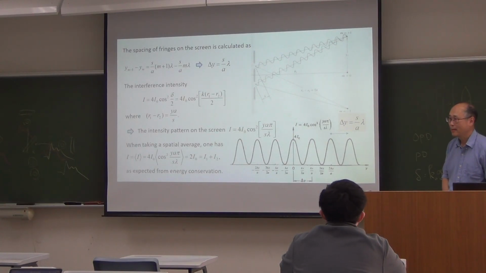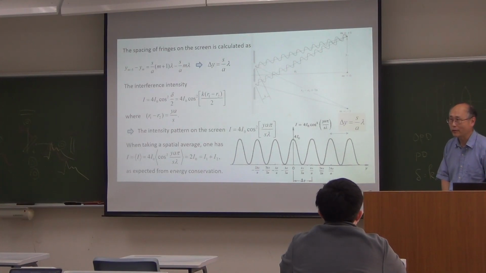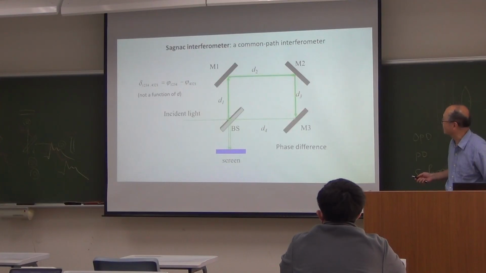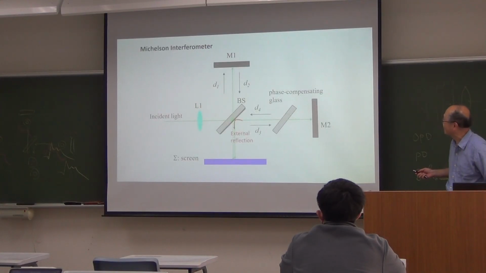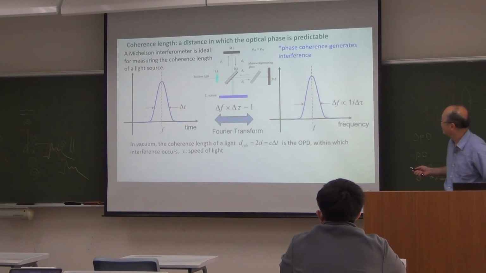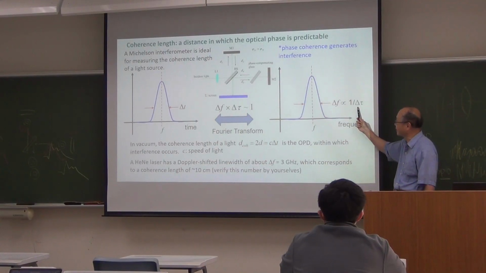But for this light source, the temporal coherence is very poor, because the spectral line width is very broad. If I have a big delta F, this means that in space it is a very short distance. Okay, Lisa, you got it right?